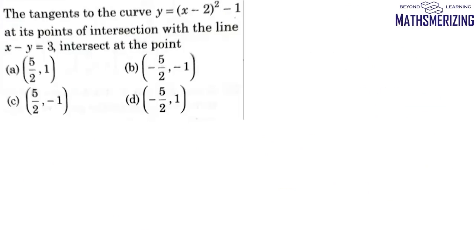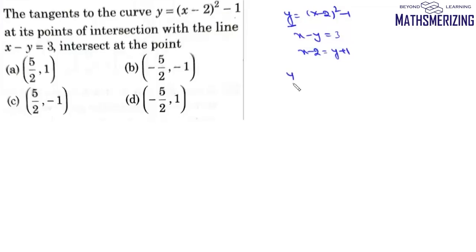Now here the question is, the tangents to the curve y equals x minus 2 square minus 1 at its point of intersection with the line x minus y equals 3 intersect at the point. So we need to find that point. So we can write this equation as x minus 2 equals y plus 1.